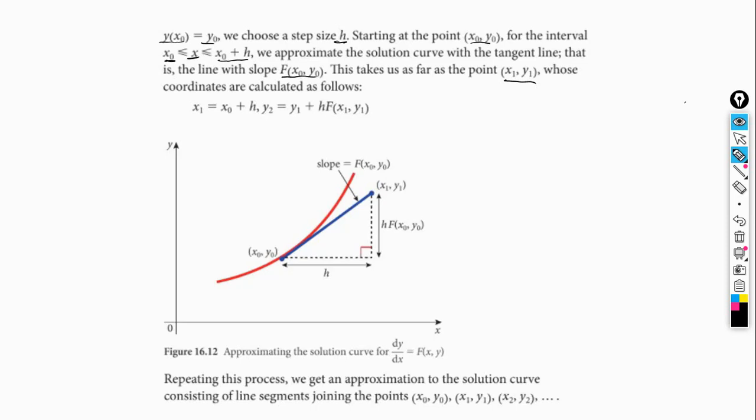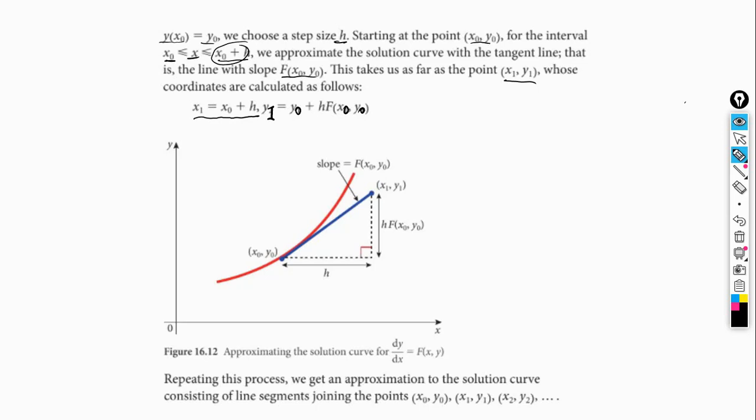Notice that x1 is equal to x sub 0 plus h, which we can see here. And then here it says y2, but this should read y1, which is equal to y sub 0 plus h times f(x sub 0, y sub 0).